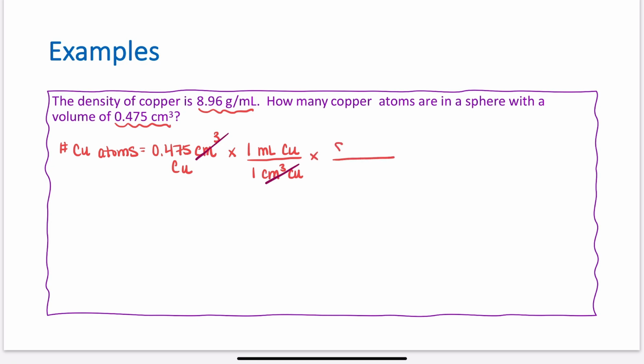Now I can go ahead and use my density. I see it's 8.96 grams of copper for every 1 mil of copper. I'm in grams of copper, so I can go to moles. 1 mole of copper is 63.55 grams of copper.